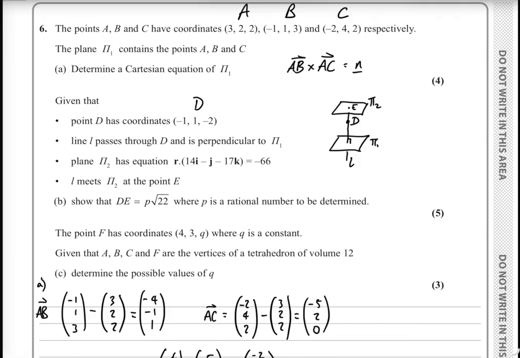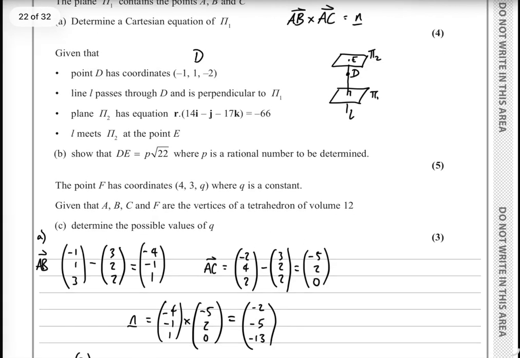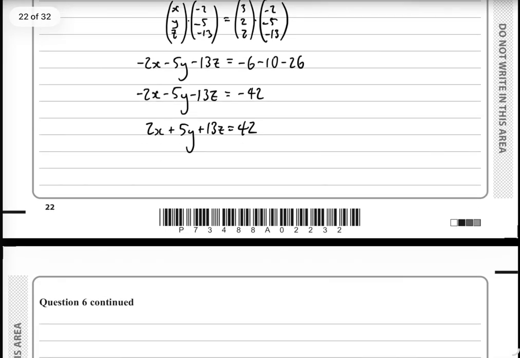Now I know pi 2, but I don't know the equation for L. So what I really want to start with is an equation for line L. We know a point on line L is D, and we know the direction vector of L because we're told it's perpendicular to pi 1, and that direction is the normal of plane pi 1, which we found in part A. So that gives me a starting point now to move forward.